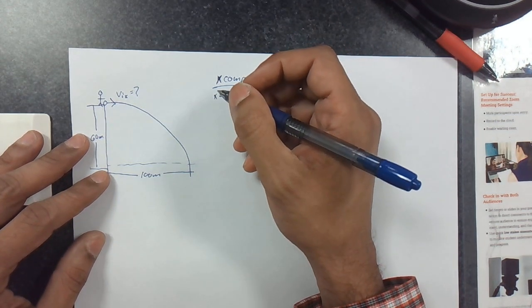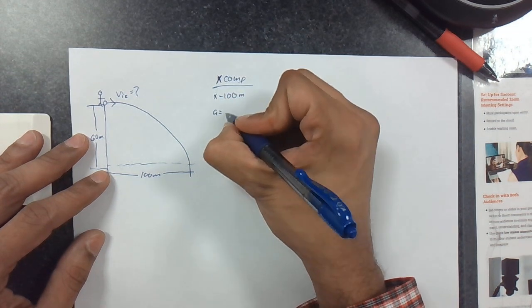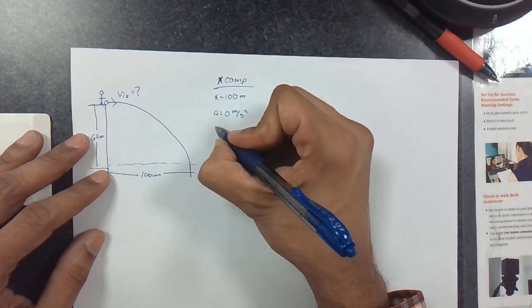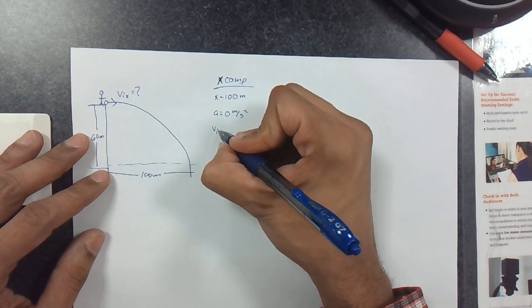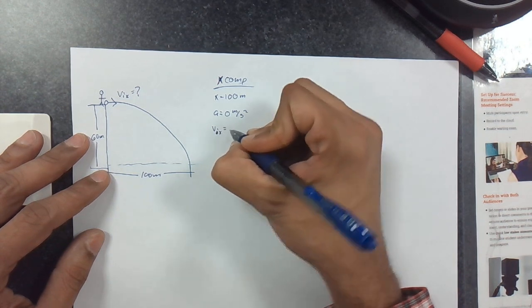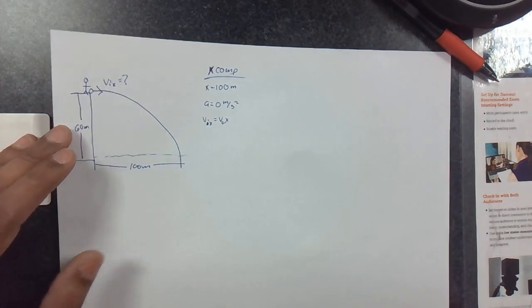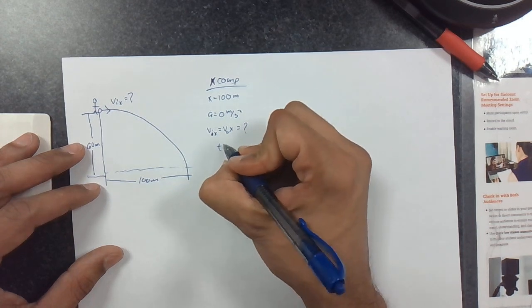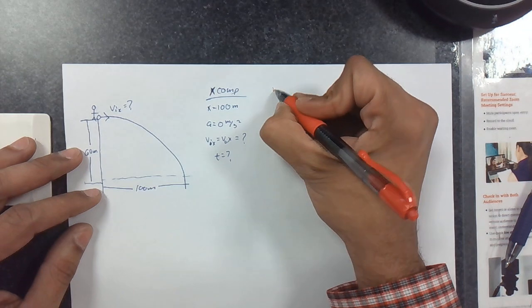We have an acceleration of 0 meters per second squared, which makes our VF the same as our VI. So V naught x is equal to VFX. Okay, we know that much. All right, and we don't have either of them, and we don't have the time, right? Like I said, we're going to find the time using our y components.